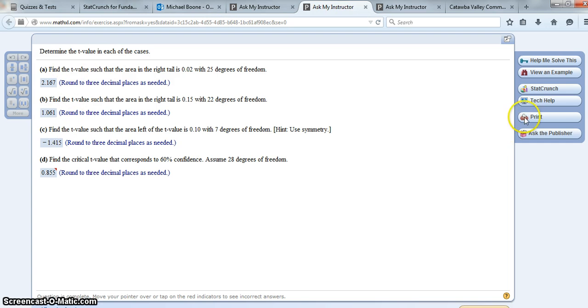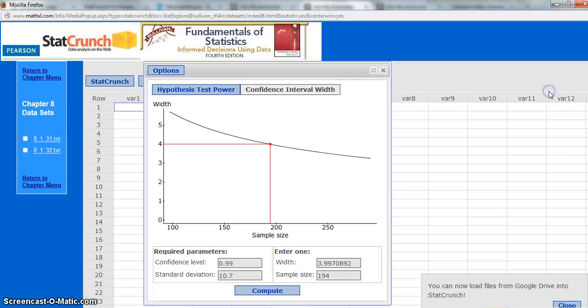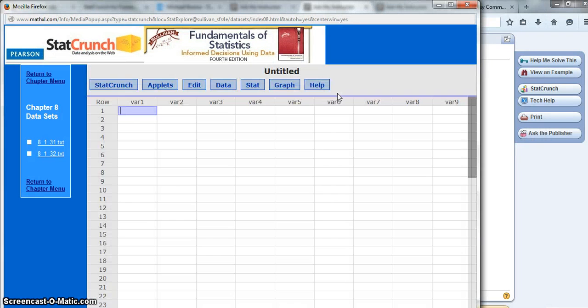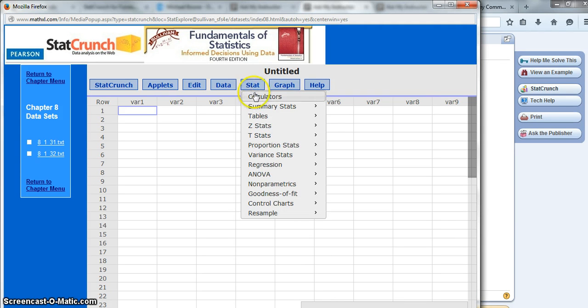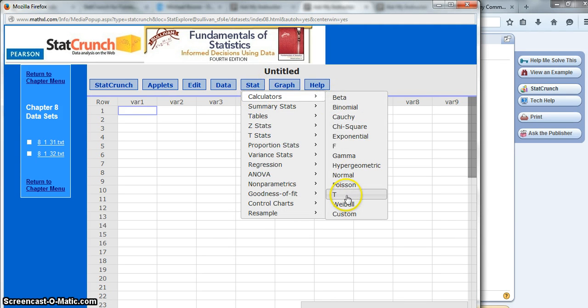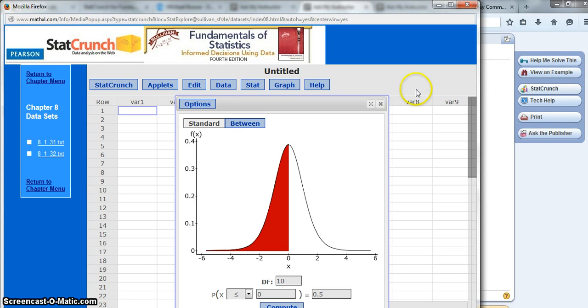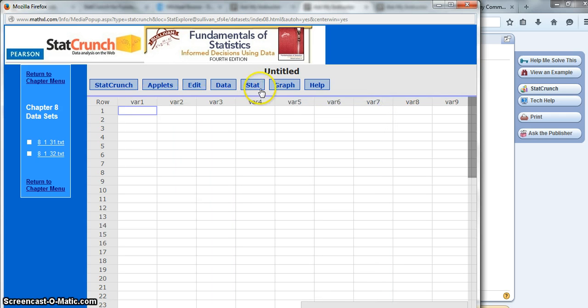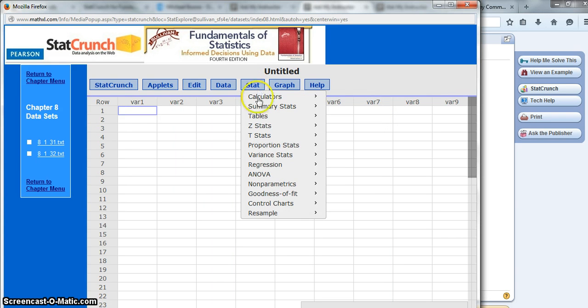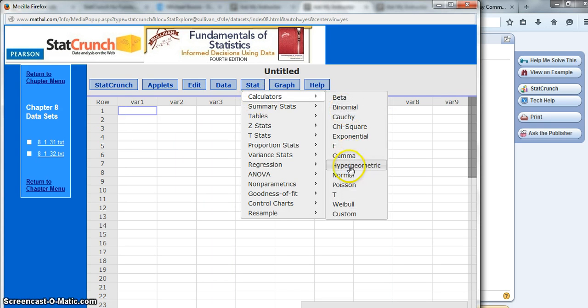Finding t-values, you can do that on StatCrunch as well. There also is a table in your book that you can look up, but I just rather use StatCrunch. So go to Stat, then Calculator, then a t-calculator.